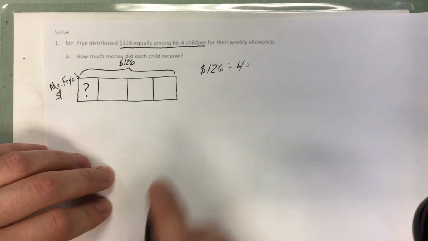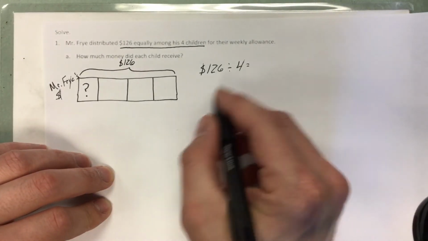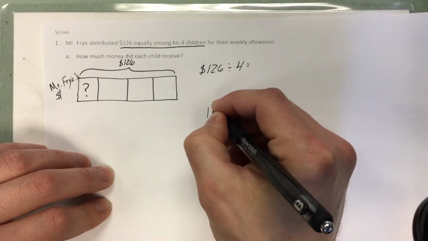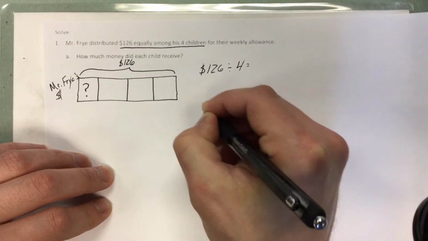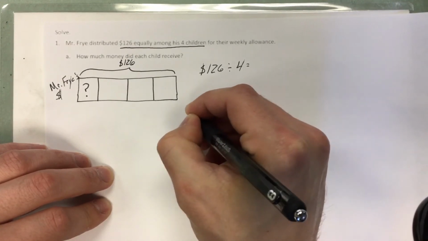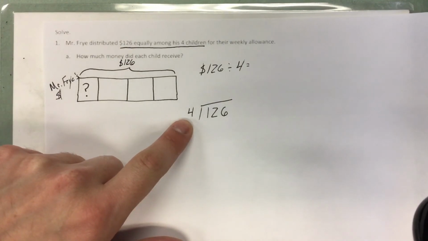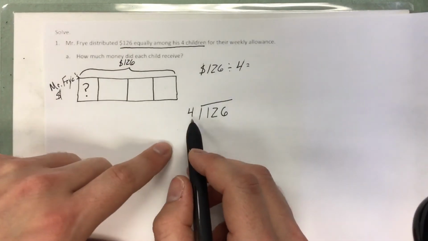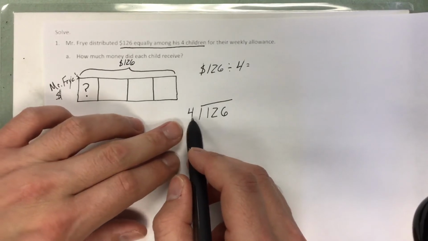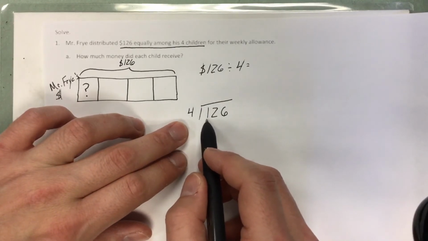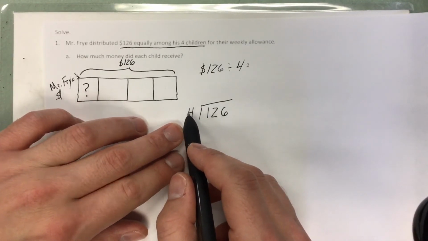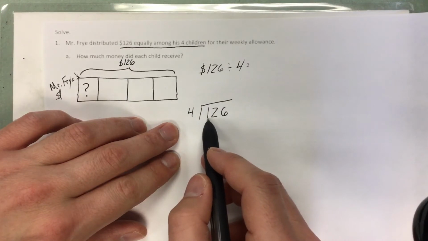So, what I'm going to do is set up my problem using the standard algorithm. So I have $126 divided amongst 4 children. So I'm going to first look at my 100. Can I divide 4 equally into 1?